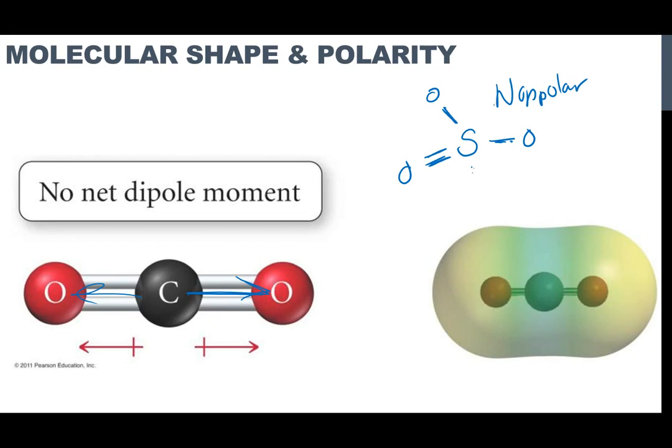So even if there's dipole moments here, these guys, remember, are all 120 degrees away from each other. So just think of it as a 3-way tug of war. They're always going to pull in equal and opposite directions, so that rope in the middle is not going to move anywhere. The electrons aren't going to move anywhere because they're pulling equal and opposite, or they're pushing equal and opposite, whichever way. Okay.